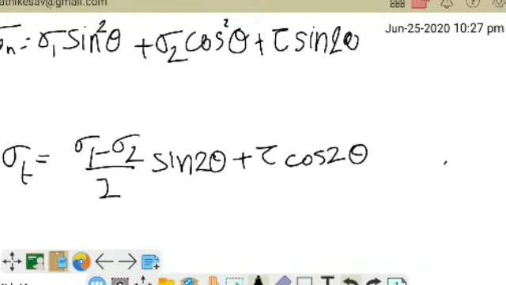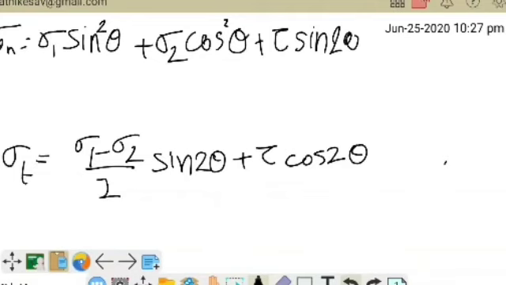So we have already seen normal stress on an inclined plane of inclination theta with vertical is given by sigma 1 sin square theta plus sigma 2 cos square theta plus tau sin 2 theta, and along that inclined plane sigma t is given by sigma 1 minus sigma 2 by 2 sin 2 theta plus tau cos 2 theta.